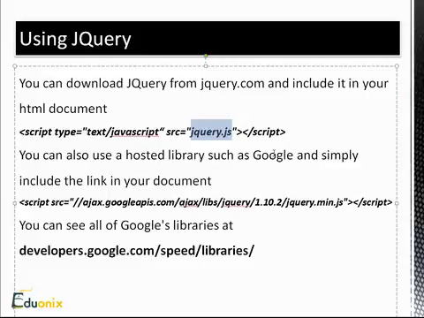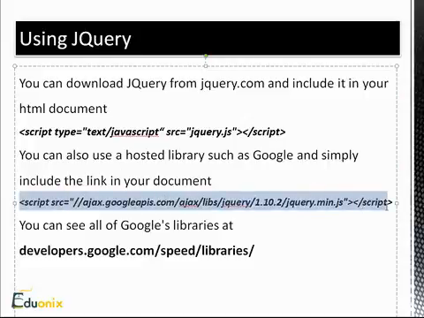Another way we can do this is to use what's called a CDN, and a CDN is a document or a library hosted by another service such as jQuery or Google, which is a very popular one. And this doesn't require us to download any code or put any code on our server. All we need to do is throw this script tag in there, which points to the library.